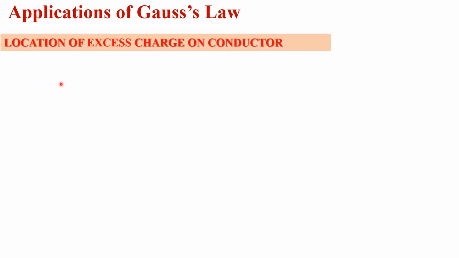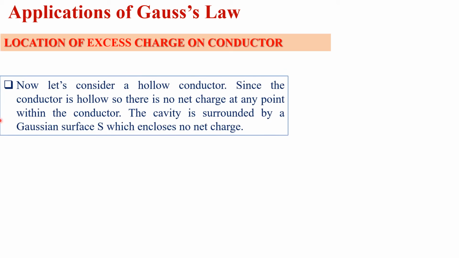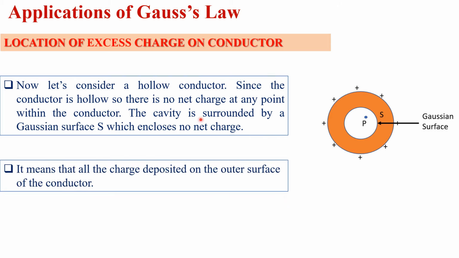Location of excess charge on conductor. Now let's consider a hollow conductor. Since the conductor is hollow, there is no net charge at any point within the conductor. The cavity is surrounded by a Gaussian surface S which encloses no net charge. In this figure we have considered a hollow conductor.